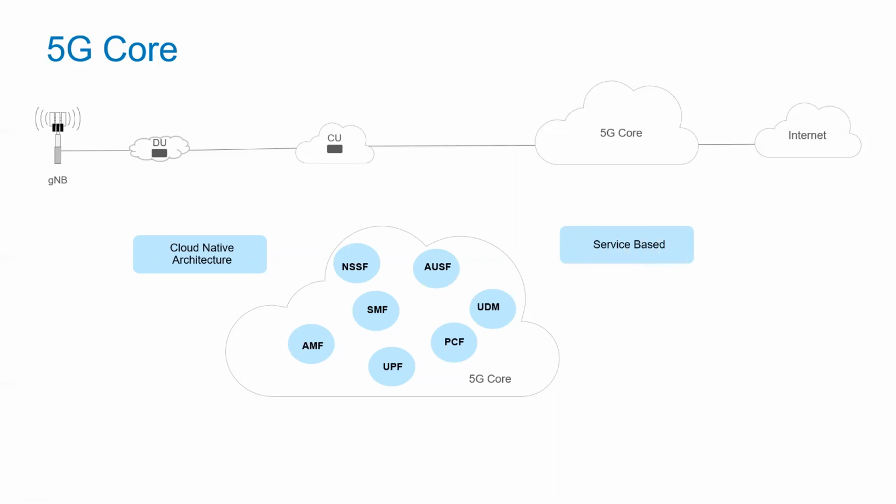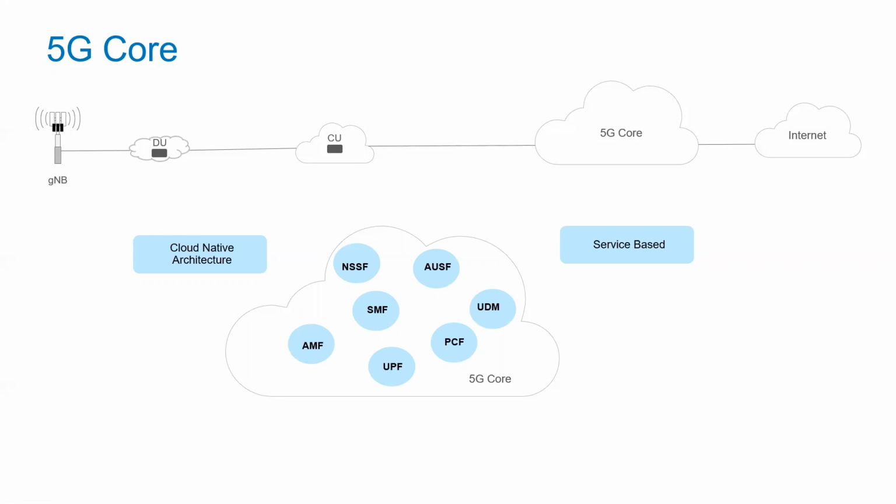The second key principle behind a 5G core infrastructure is that it should be a service-based architecture, right? Which means each networking function should talk to the other networking functions in a 5G core by using an API. This allows you to easily scale up and scale down the networking functions in a 5G core.